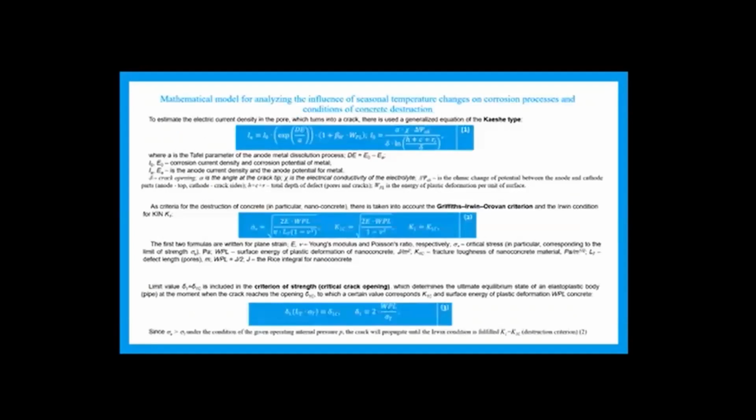In general, the new mathematical model for analyzing the influence of temperature change on corrosion processes, which lead to the formation of corrosion pores at the interface between concrete and reinforcement, is formulated here.